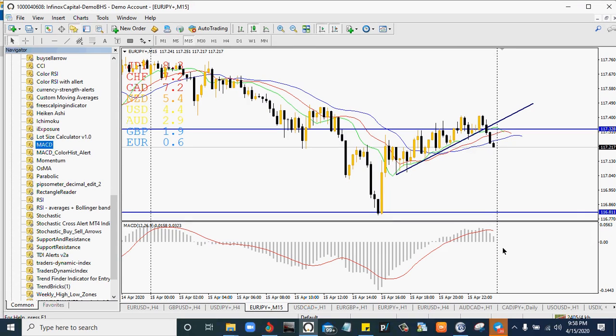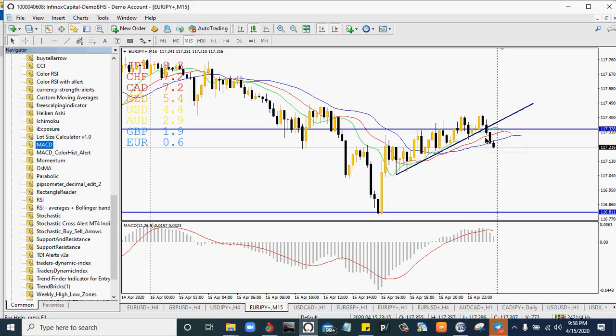It wants to cross the zero line. Some people wait. You can imagine if I'm waiting for price to go below the zero line, I will not enter this trade. As I will say, the indicator is following the price, so it's lagging behind.